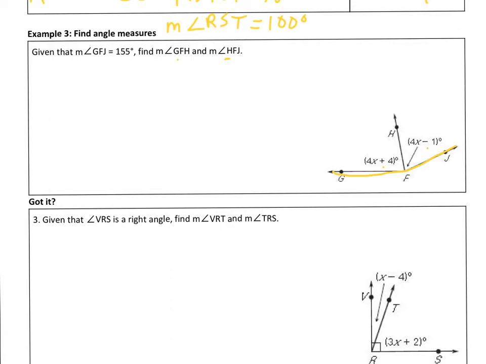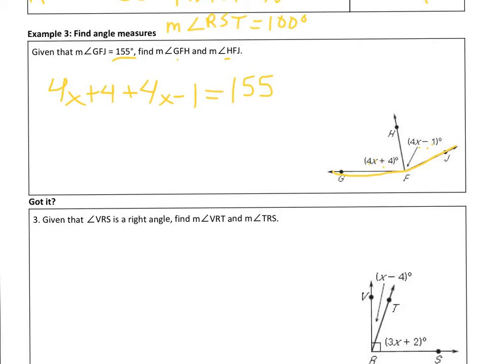So GFH plus HFJ add to equal the measure of GFJ, which is 155. The equation is 4x plus 4 plus 4x minus 1, added together and set equal to 155.